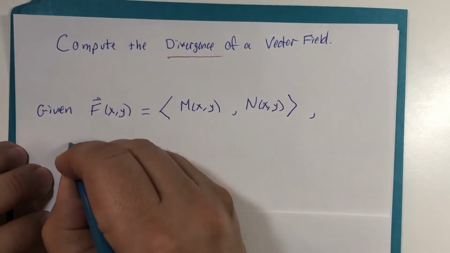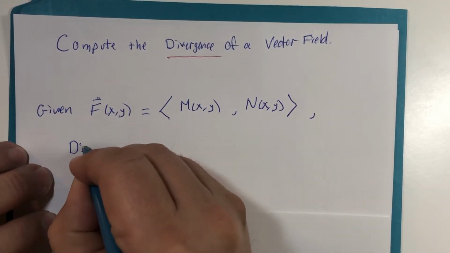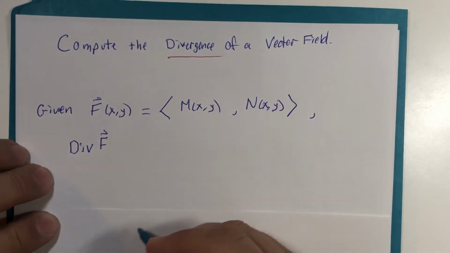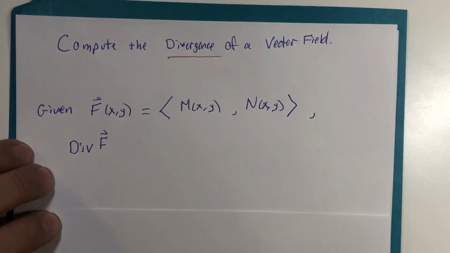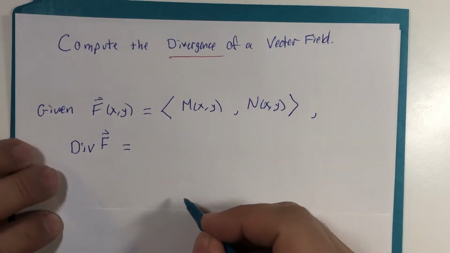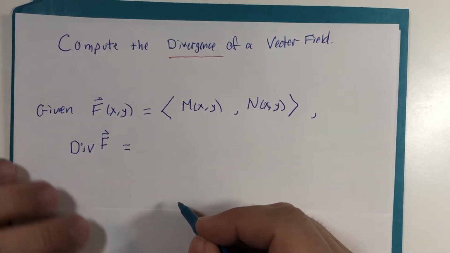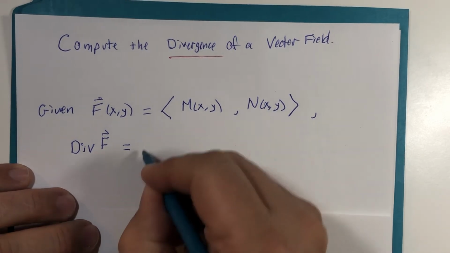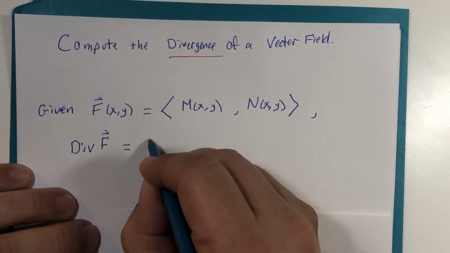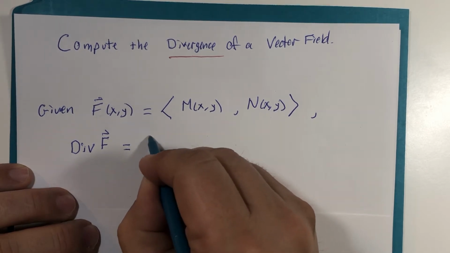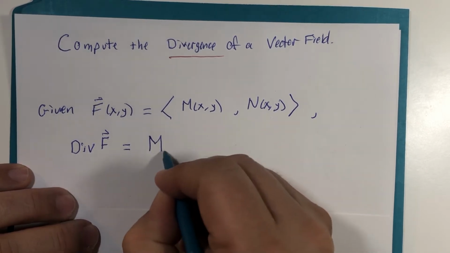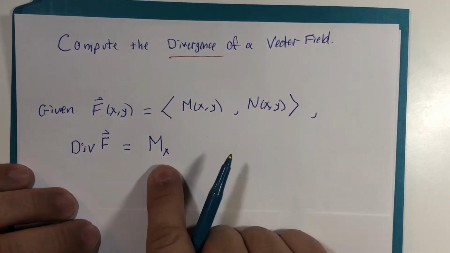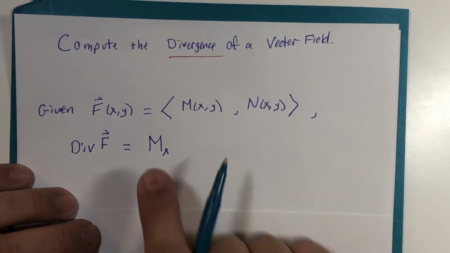The divergence of that vector field is a calculation that just simply says what is the x partial derivative of m, or the partial derivative with respect to x.